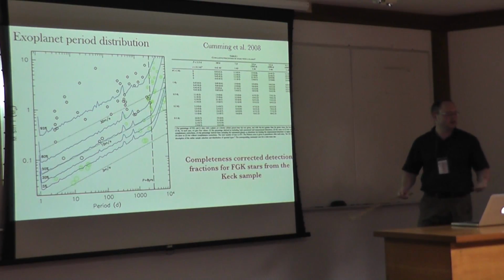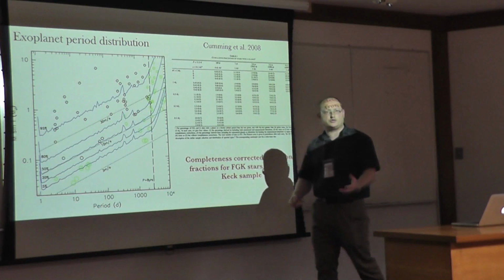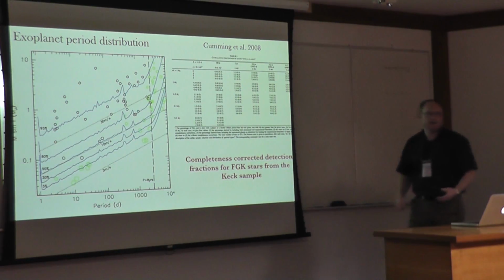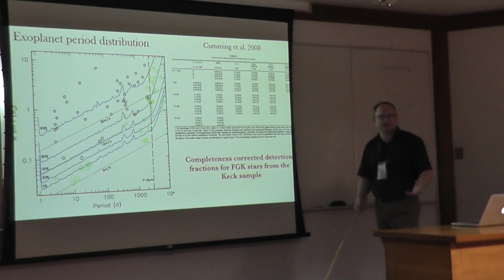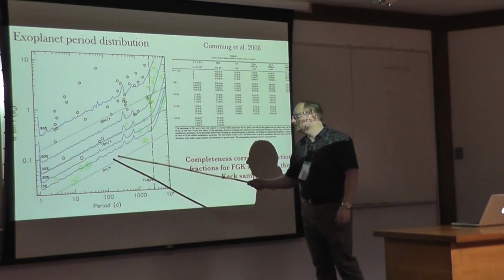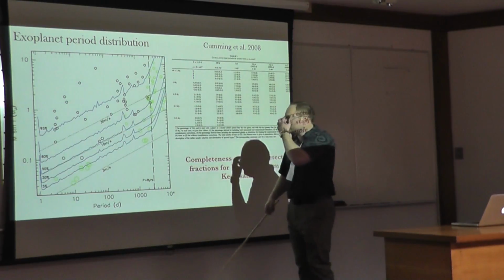So this is one of the key points: really looking at the sample and trying to deal as best you can, in some kind of statistical way, with the biases, with the sensitivities. And I'll show some more work now where we're doing this, pushing it to really lower masses, mainly around M dwarfs, where we can do this.